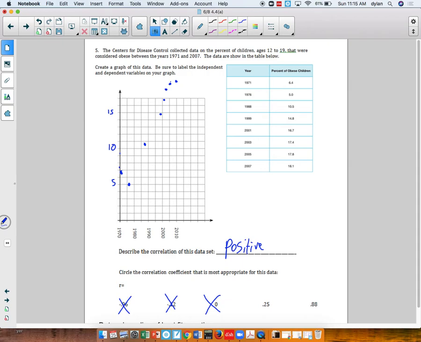And in this case, you could pick either 0.25 or 0.88, depending on your feeling about how well correlated the data is. I would say that this data is pretty well correlated. It's got a pretty tight distribution to it. So I'd probably lean towards 0.88, but you could go either way. And we're going to learn how to actually calculate R in 4.5, so then you'll have a more accurate description of it. So finally, we want to draw in our line of best fit.